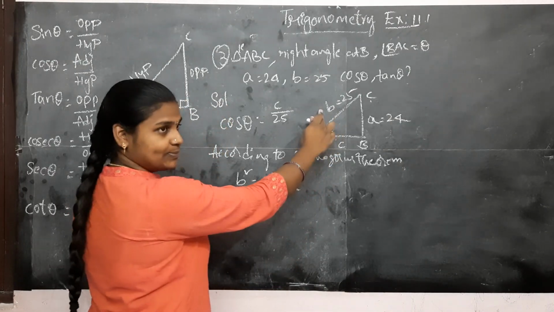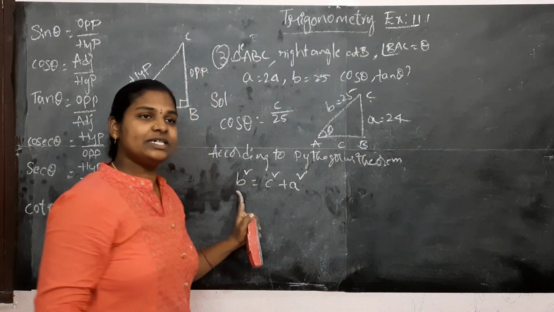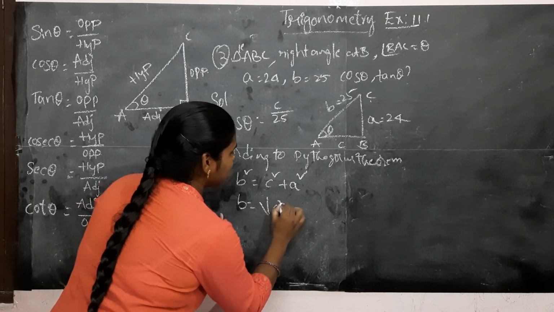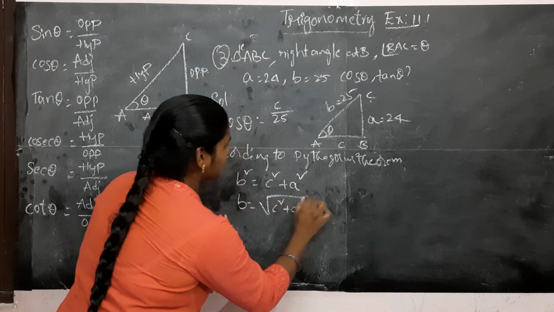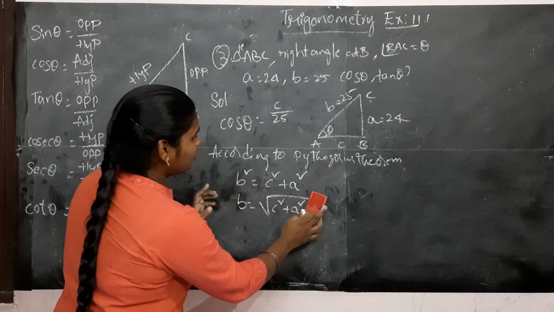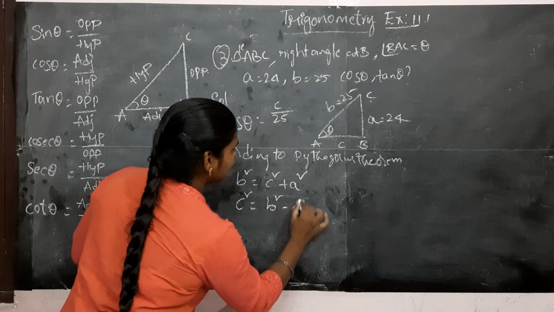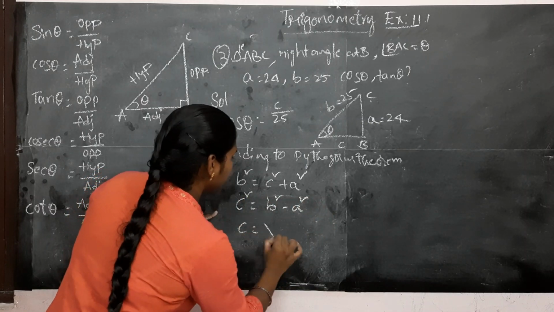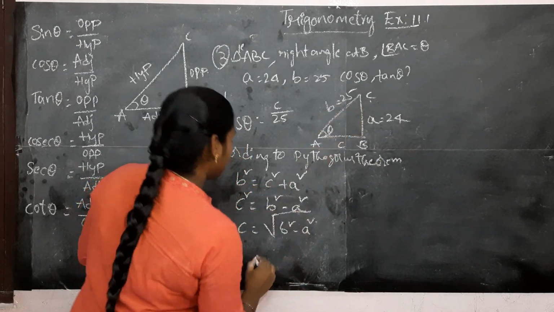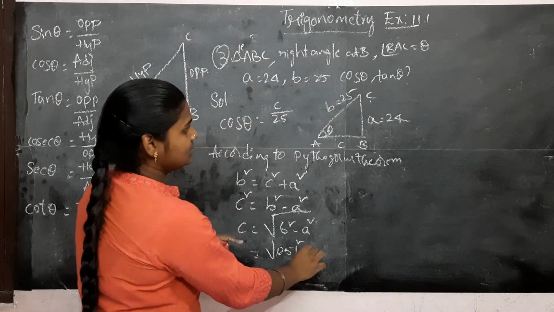The hypotenuse is b, the base is c, and the height is a. But we have to figure out c. So c square is equal to b square minus a square. C is nothing but under root of b square minus a square. What is b? B is given as 25. 25 square minus a square is 24 square.